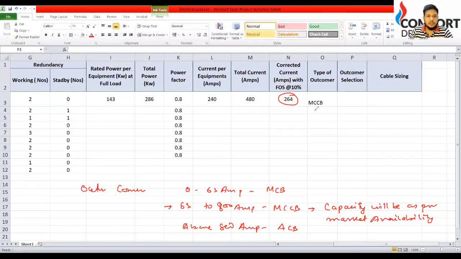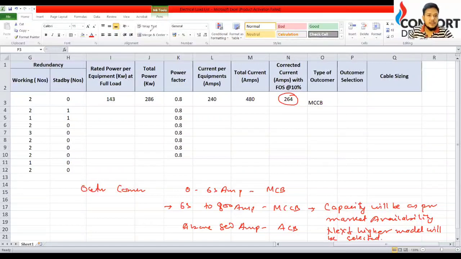Okay, can anyone have any idea what would be the selected capacity? For that, we will just refer to the catalog, and accordingly its next higher model. So the next higher model will be selected.